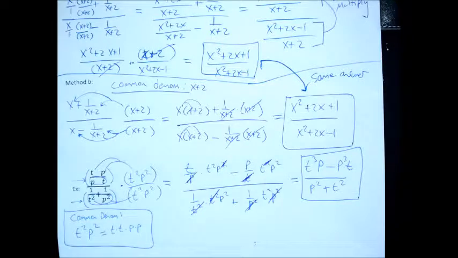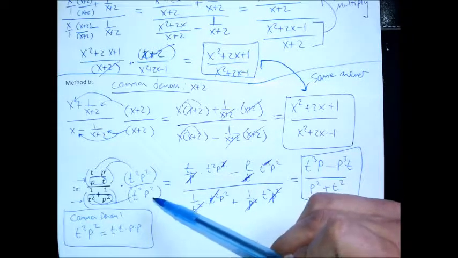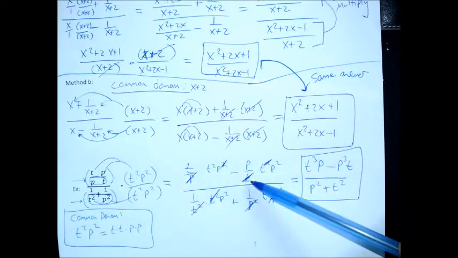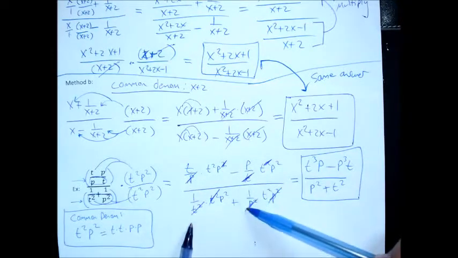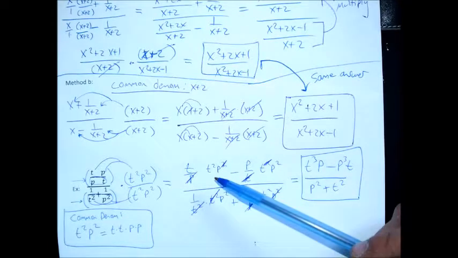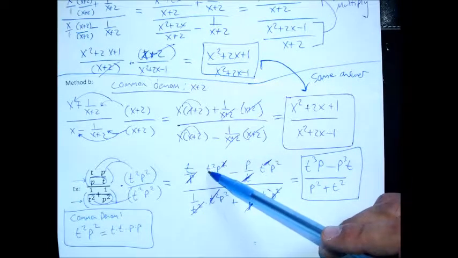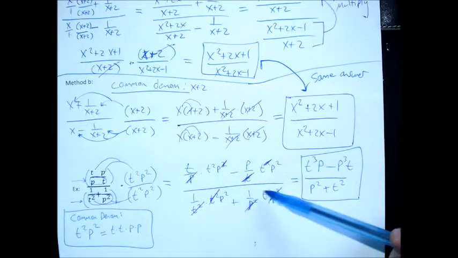I'll just reiterate one more time why it needs to be t squared p squared. Because that's going to ensure that everything gets canceled. All the denominators ended up canceling in this. And we were left over with some things in each situation. It's not like everything canceled. We're left with a t squared in this one and a p. We're left with a p squared, left with a t squared.